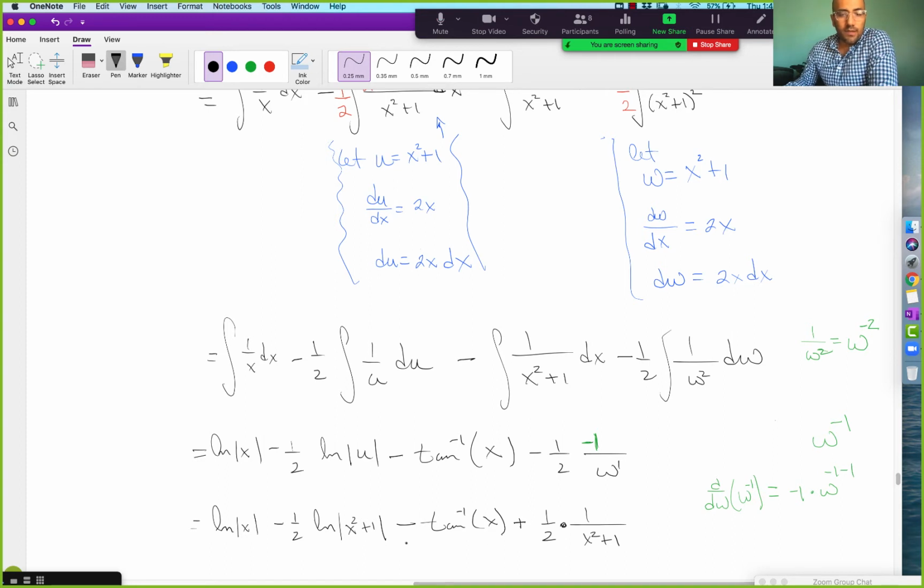Good. I don't really see too many ways to simplify this, so I think that would be it. So don't forget to put plus a constant, and that would be our answer.